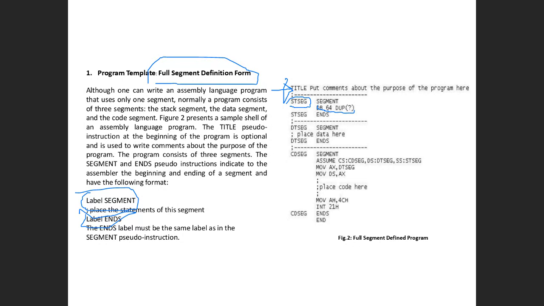Then we write the same name at the end with ENDS. So this is the beginning line of the stack segment, and this is the finishing line of the stack segment. The name can be anything, for example ST or STSEG, whatever, it's up to you. Like here it is written STSEG. So this is okay. Do you understand this one?